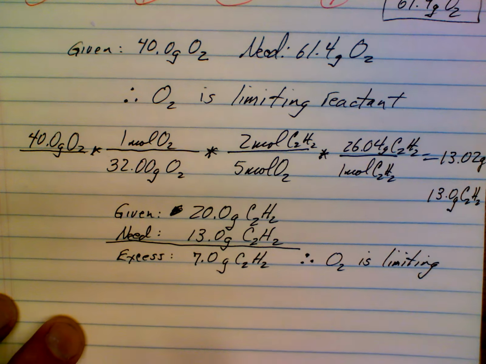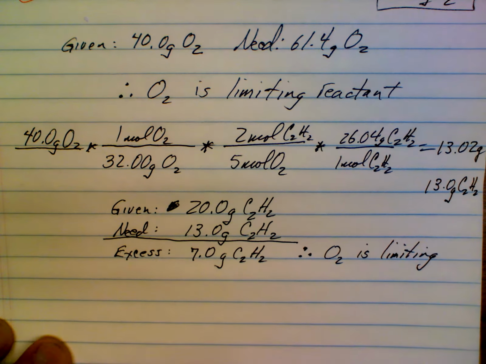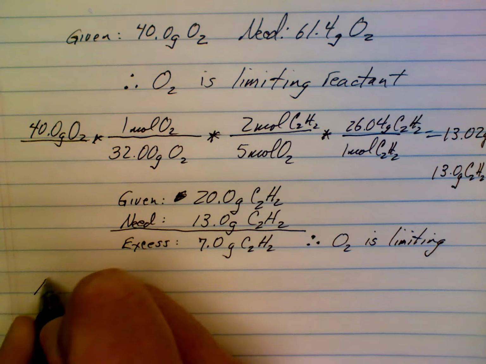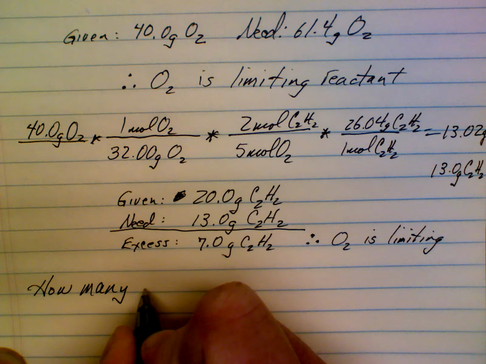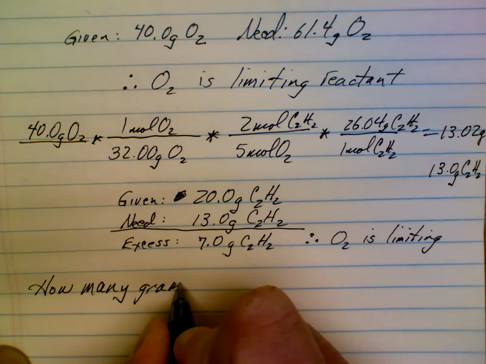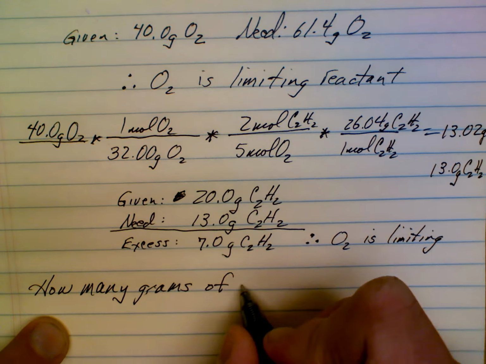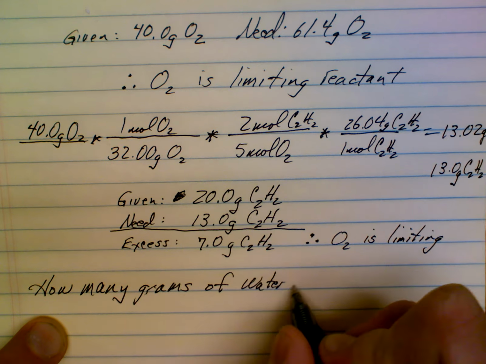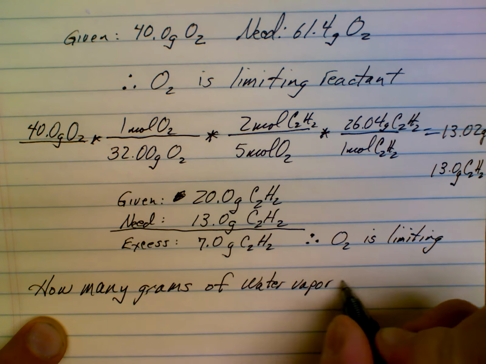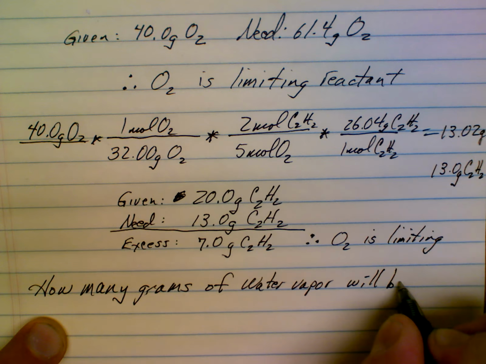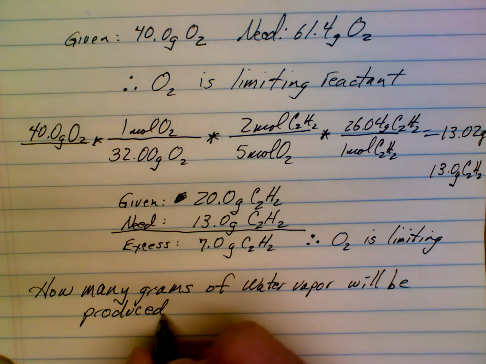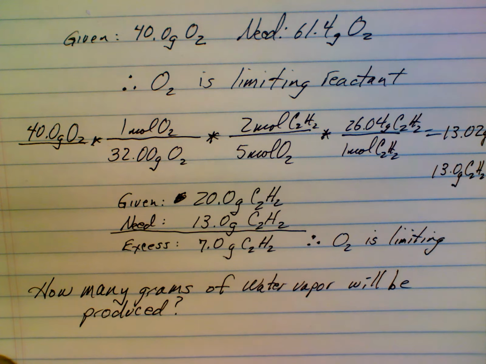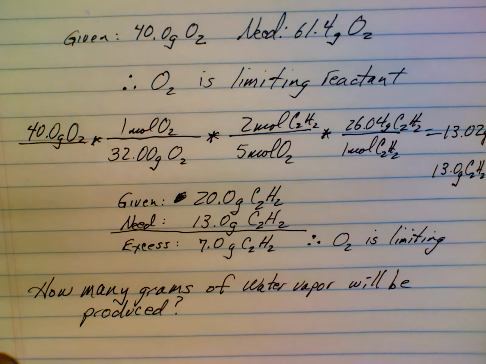Now, a problem might go further and also ask how many grams of water vapor will be produced. Okay, so now we're trying to figure out how many grams of water vapor will be produced.